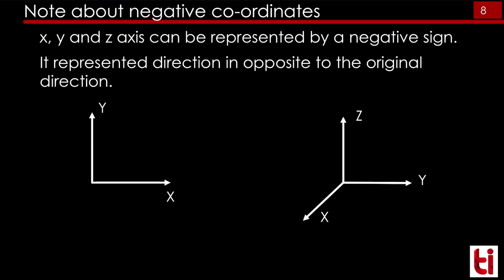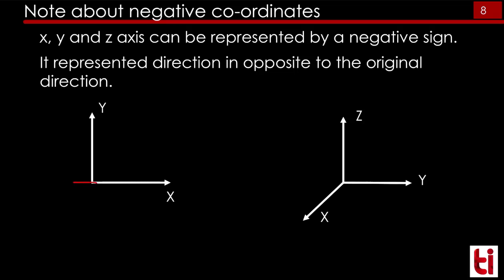Before moving further, let me tell you something important: if you have negative indices or a negative direction, you have to move your origin. For example, first we will see this in 2 dimensions and then move to 3 dimensions. So we have the x-axis here, and the y-axis here.